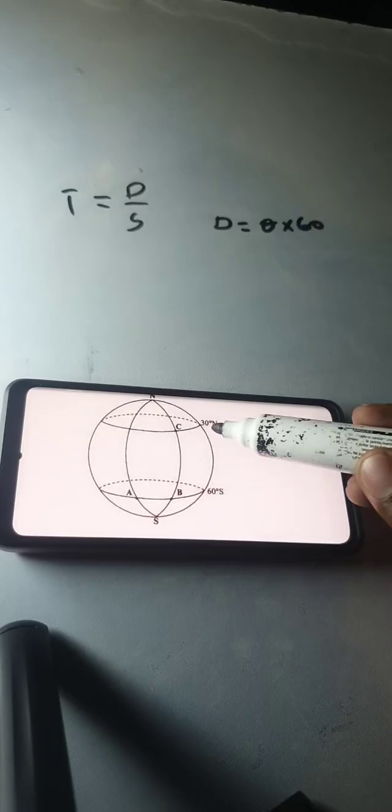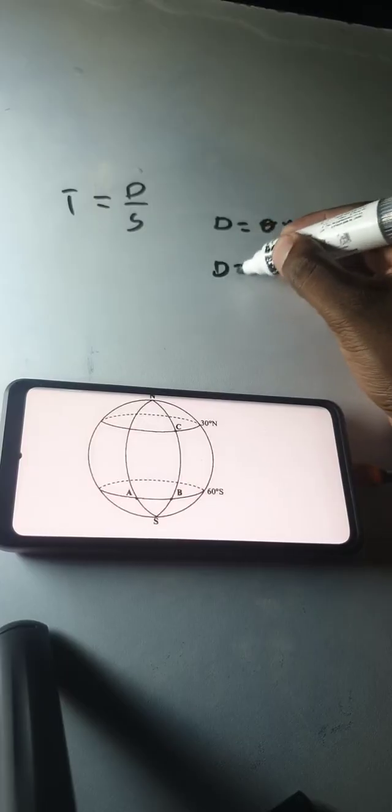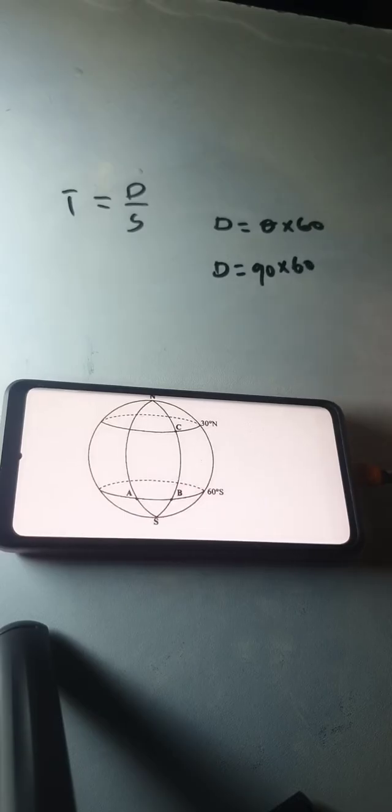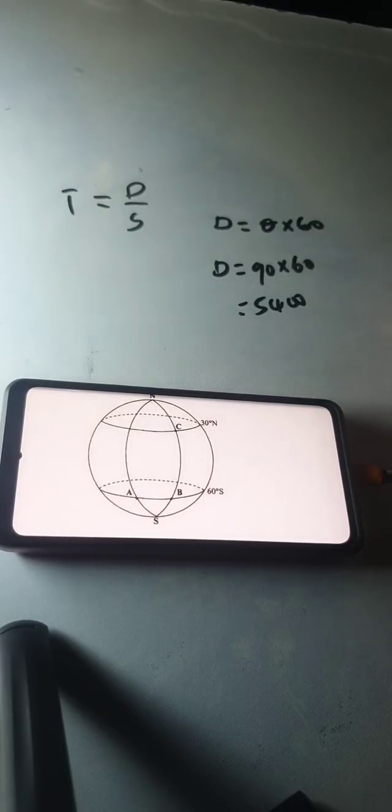It's 60 plus 30, which is 90. So now we have 90 multiplied by 60. We know that 9 times 6 is 54, so 90 times 60 is 5,400.